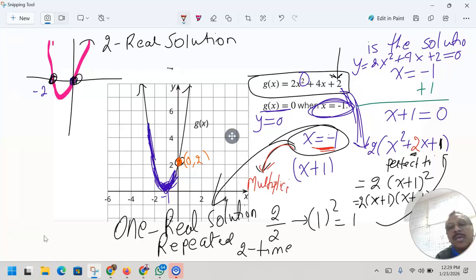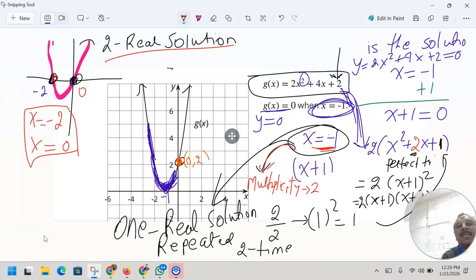So 0 with multiplicity 2. Because it's the same 0, you don't have a separate one like you had before. There were two solutions: x equals -2 was one of the zeros, so there were two real solutions. But here it's just one solution which is repeated.